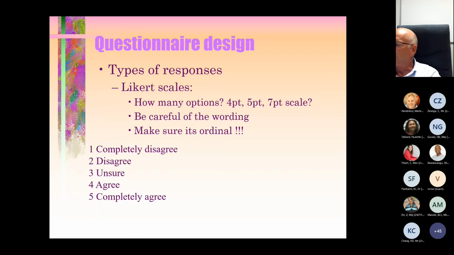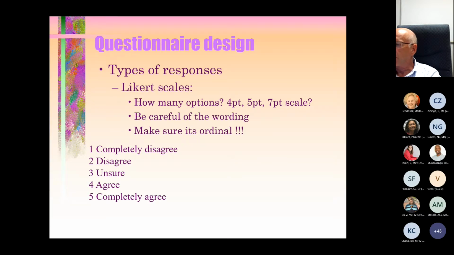Here's an example where you can see the Likert scale runs from completely disagree to completely agree, but right in the middle there's an answer that says unsure. And if you think carefully what unsure means, it means that maybe that person does not have enough information about the question that you're asking to actually give an answer.